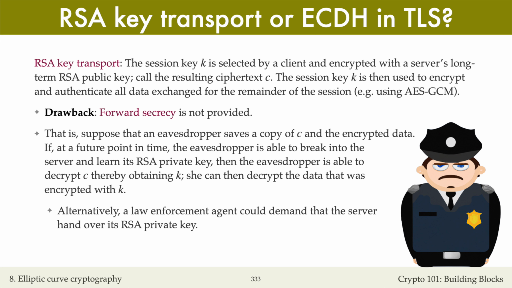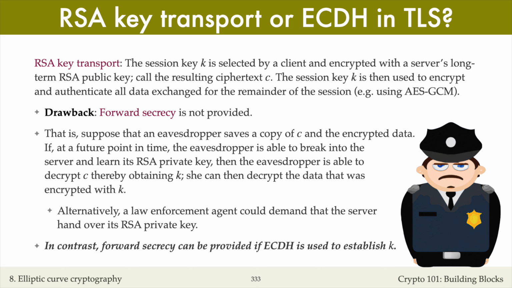Perhaps law enforcement also has a court order from a judge. In this way, law enforcement might be able to decrypt the encrypted data a long time after Alice sent the data to Bob. In this sense, TLS does not provide forward secrecy.